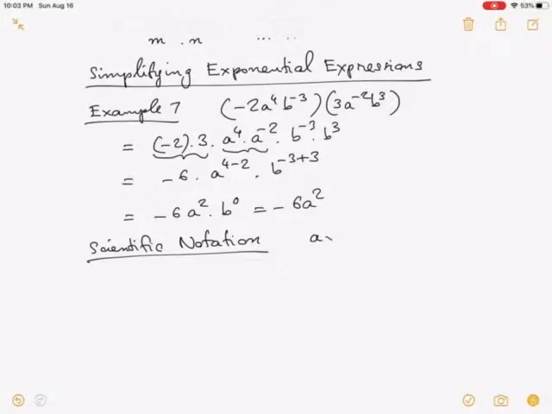So a number is written in the form a times 10 to the power n, where a is between 1 and 10, and n is an integer.